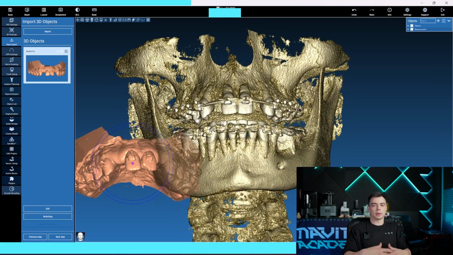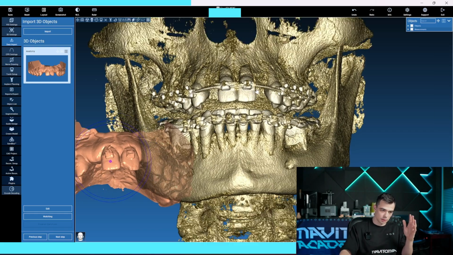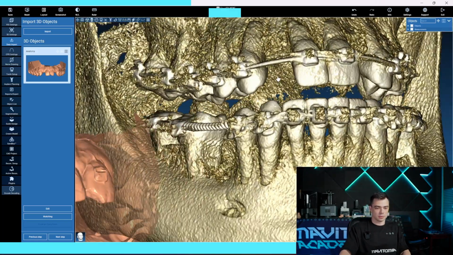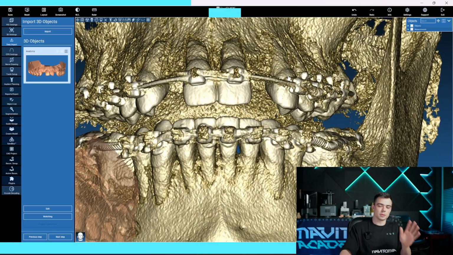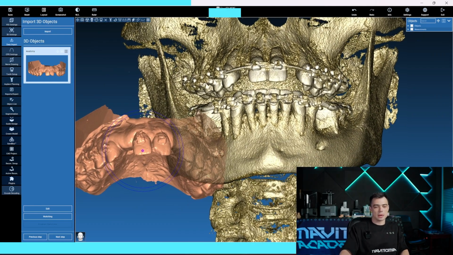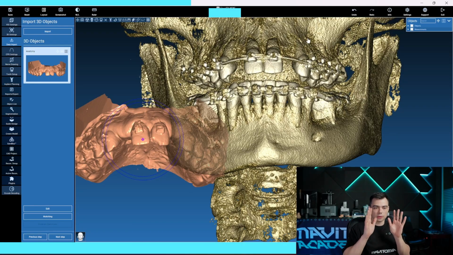Since we are applying some force to the teeth, like with the braces, with different dental devices, orthodontic devices, since the movement force is applied to teeth, we have to realize that every day, every single hour, teeth are moving, teeth are changing their position in the bone, and therefore we almost don't have much time for fixation of the data.